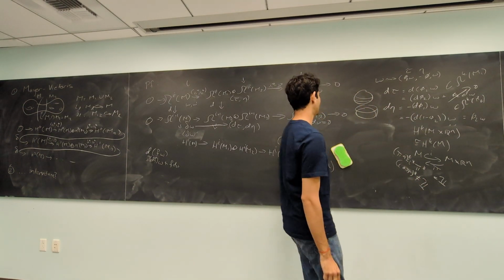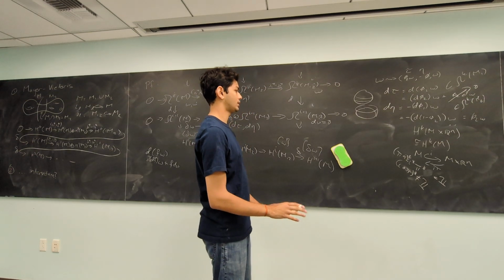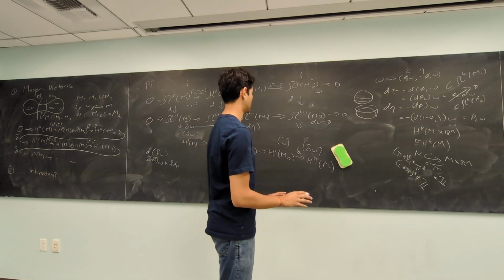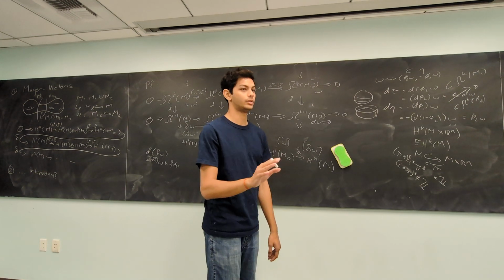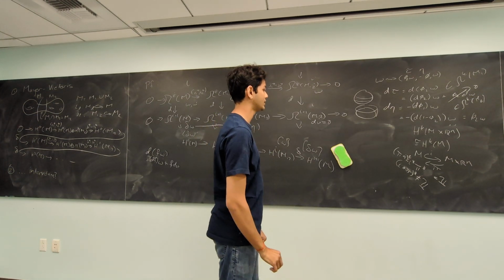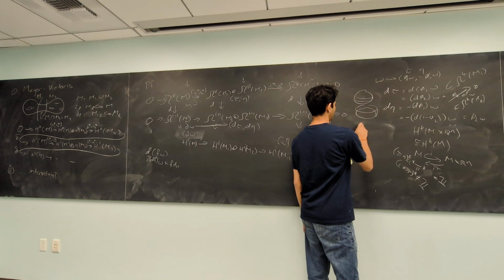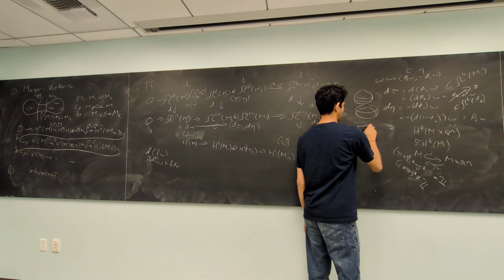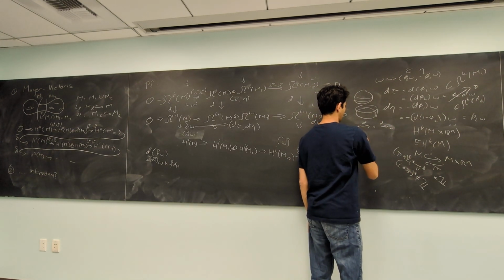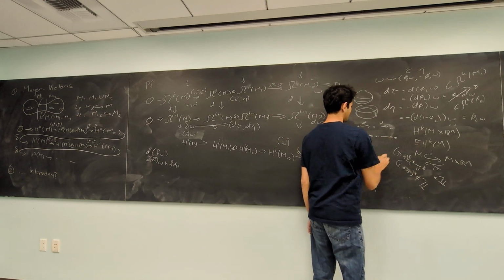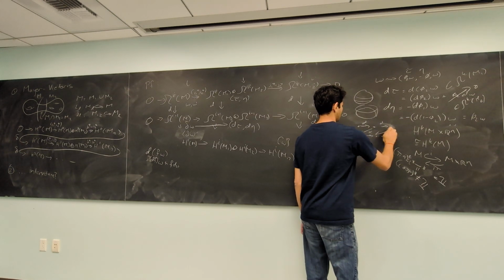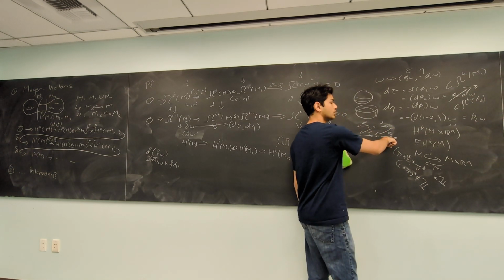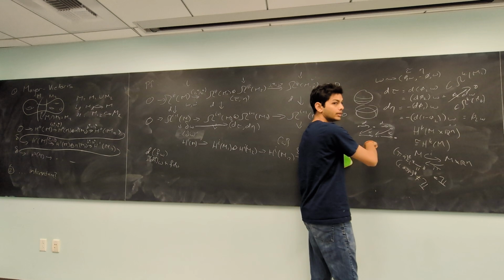What you can show is that there's something called a chain homotopy. If you have a chain complex, a chain homotopy is something which goes one dimension lower.